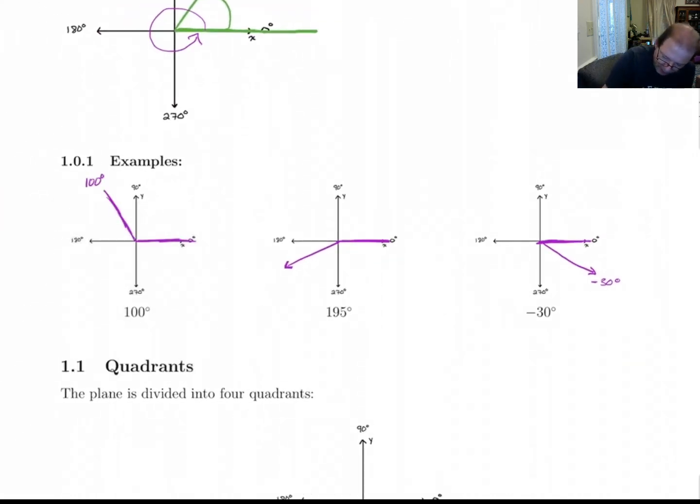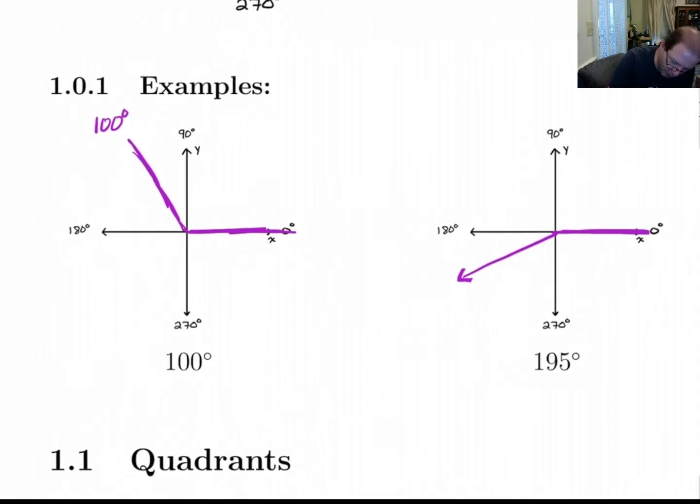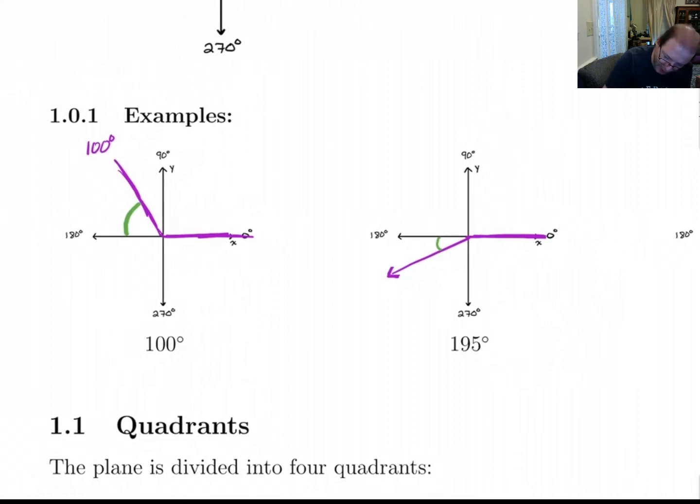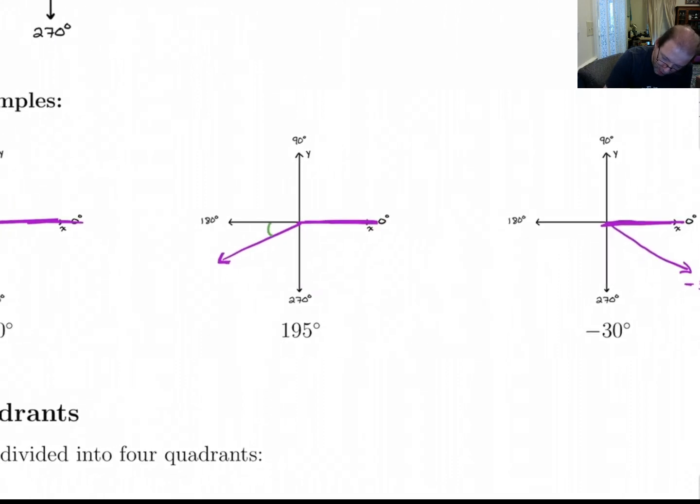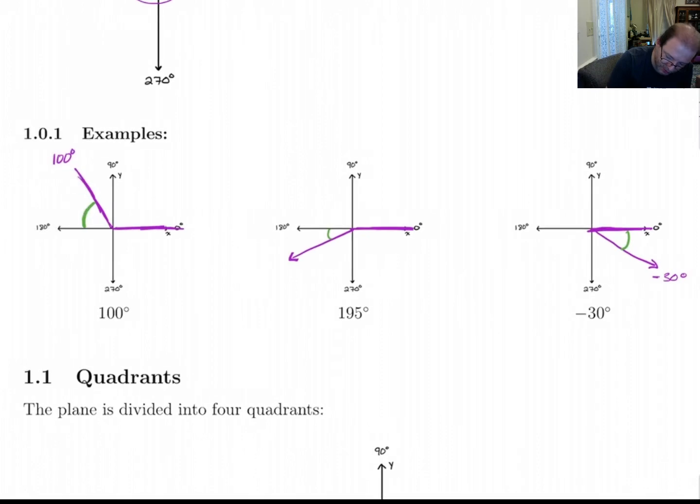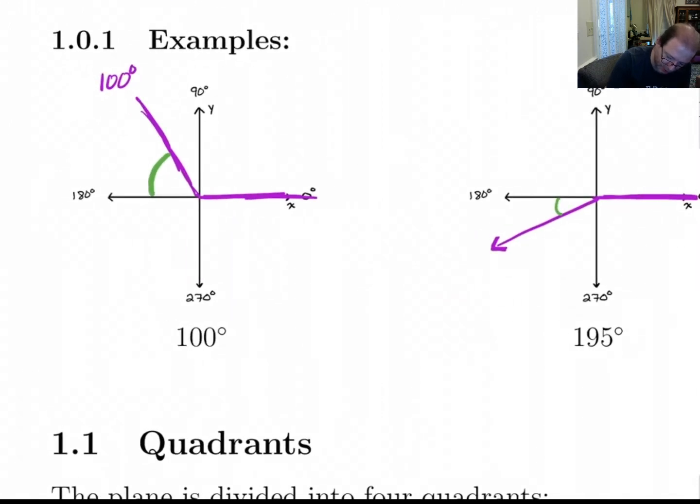Now, I'll mention this, although this term won't officially come up until another section or two from now. But on these, we have what we call the reference angles. The reference angle always goes between the terminal side and the x-axis. So on these, this reference angle over here, on this first one, would be 80 degrees.